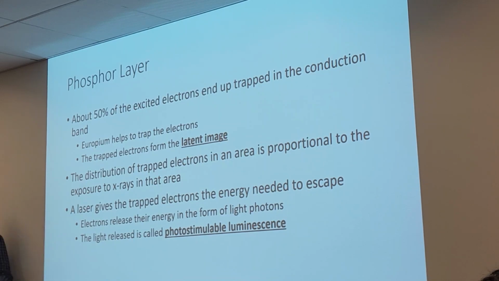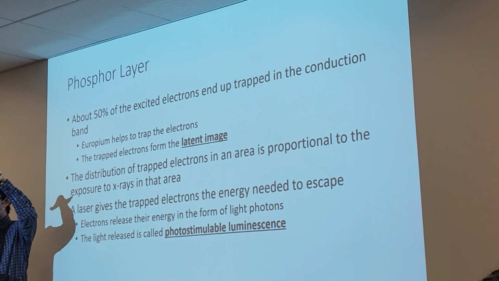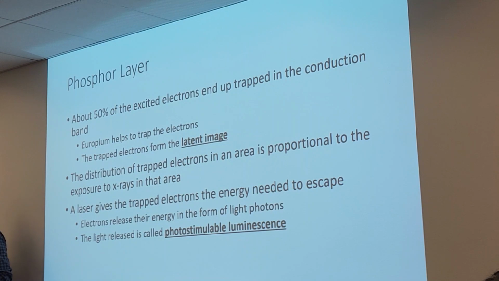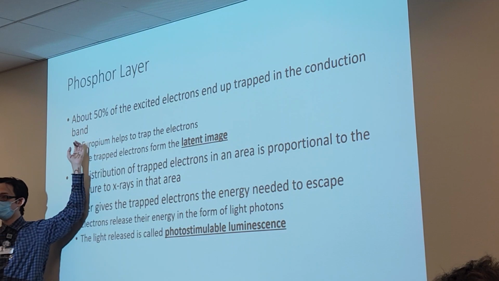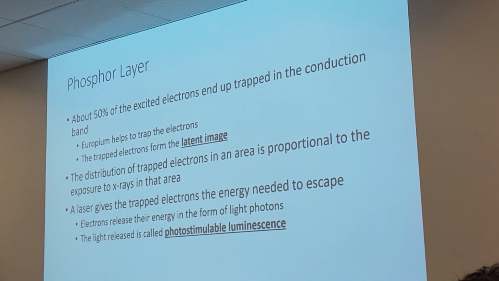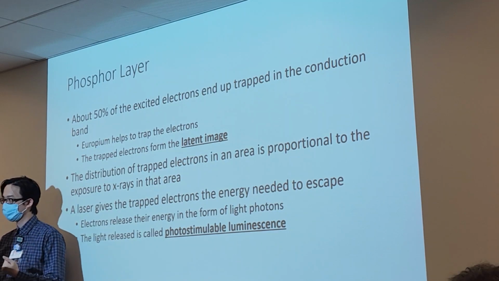But the other half will excite and get trapped, and once they're trapped, we can bring it over to the reader, stick the cassette in, it pulls out the PSP plate, runs the laser over it, and that will give us our image. So about half the electrons will get trapped, and those are the electrons giving us the image. Those electrons make the latent image. Once we collect the information from them, then we can make our manifest image. Manifest image is the image that we can see.